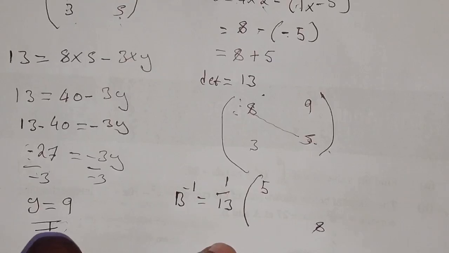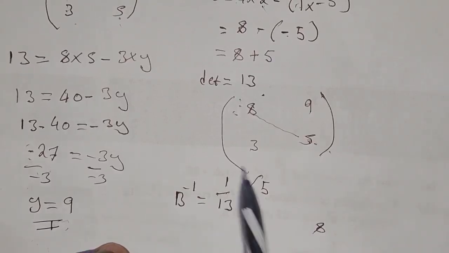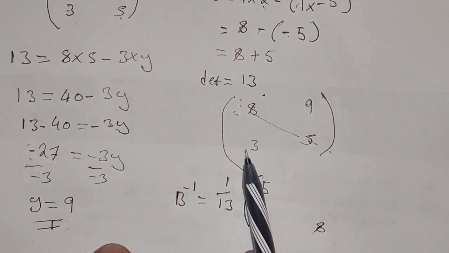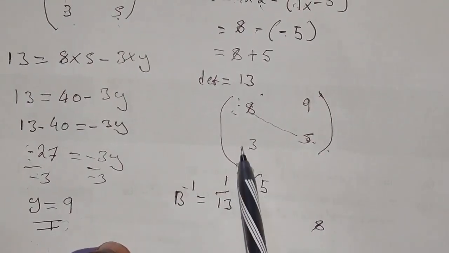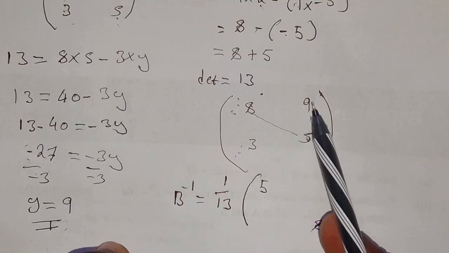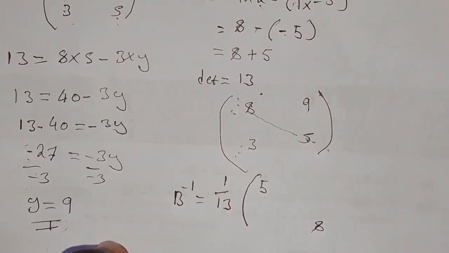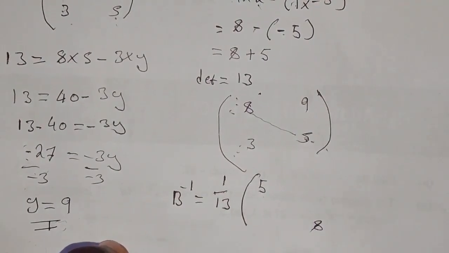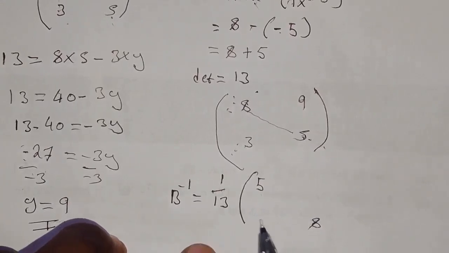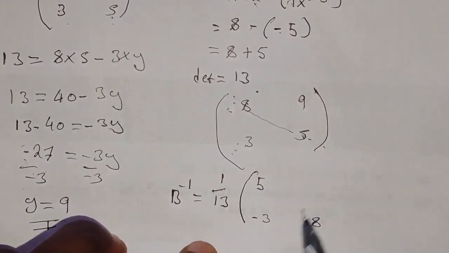After doing this, we should also know that when writing the inverse, the numbers in this other direction change sign. If it's positive, it becomes negative, and when it's negative, it becomes positive. In this case, these two numbers are positive, so they will change to negatives.